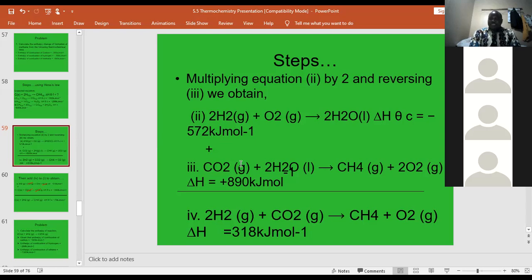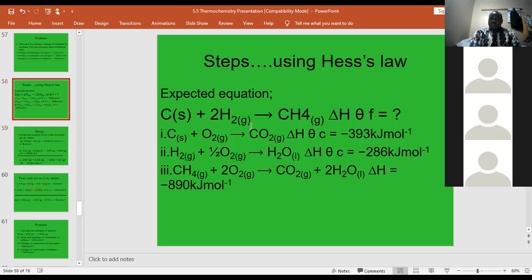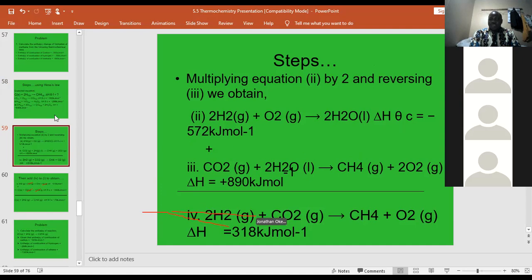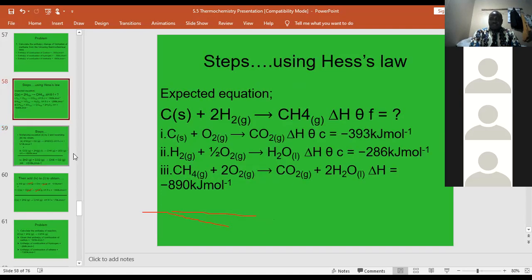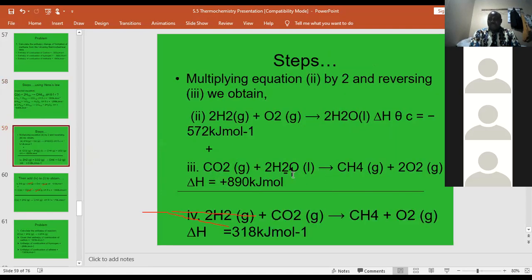Then we reverse equation 3. When we reverse equation 3, remember our heat content here was negative 890. But now when we reverse it, it is going to give us plus 890.